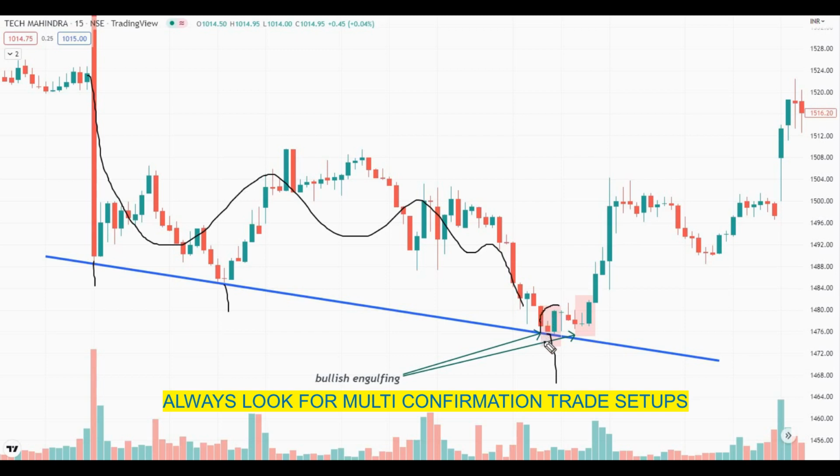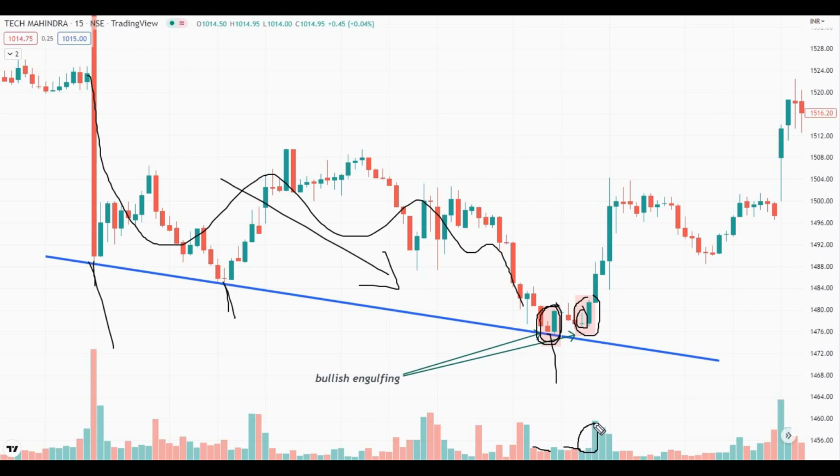See this pattern at a support level in a downtrend. We saw a bullish engulfing pattern and another bullish engulfing pattern along with inverted hammer formation, along with lower selling volume, along with good strong buying volume.